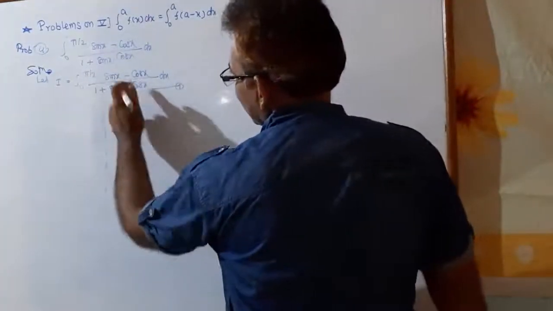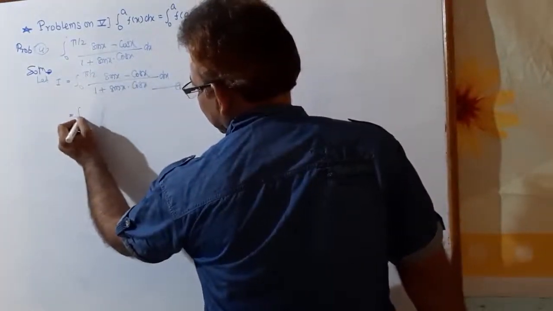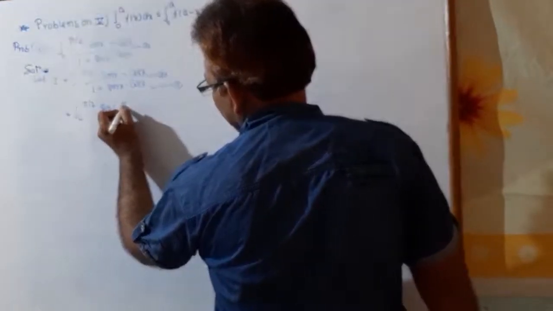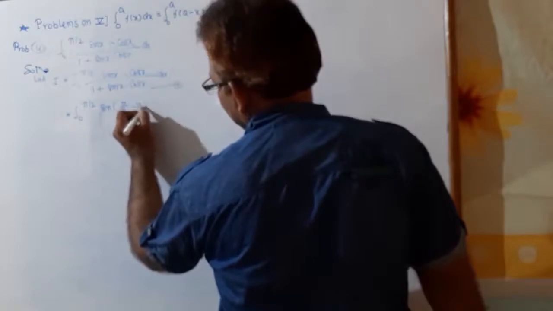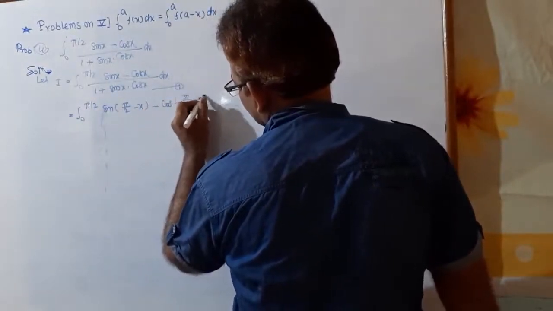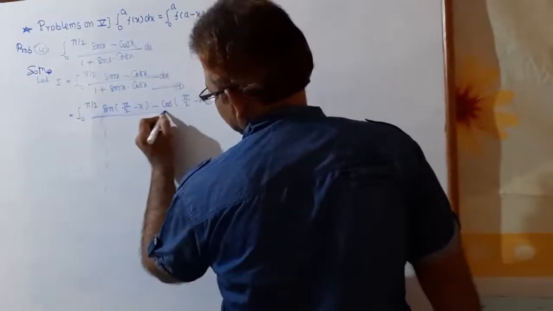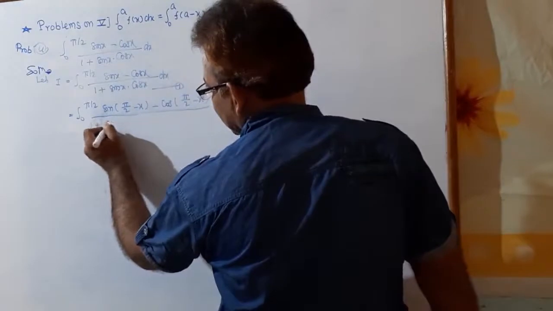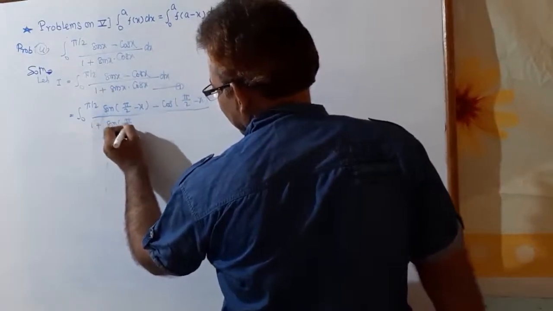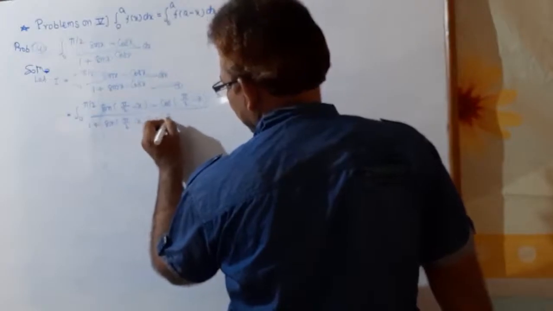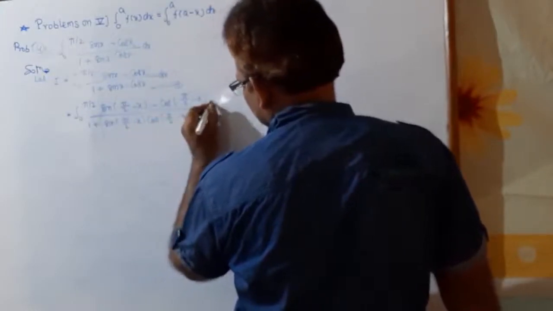We replace x by pi by 2 minus x, so it is equal to integration 0 to pi by 2 sin, replace x by pi by 2 minus x minus cos, x replaced by pi by 2 minus x divided by 1 plus sin pi by 2 minus x into cos pi by 2 minus x dx.